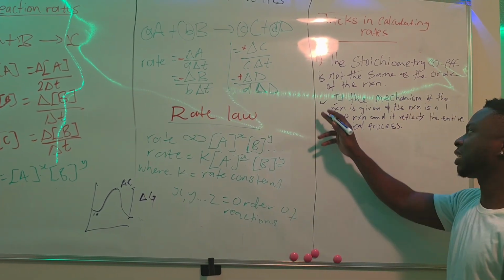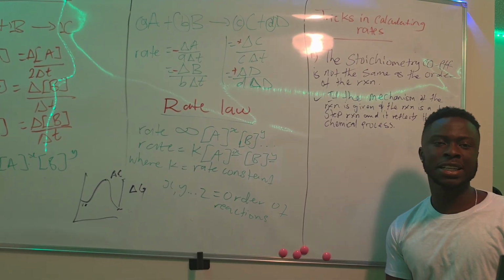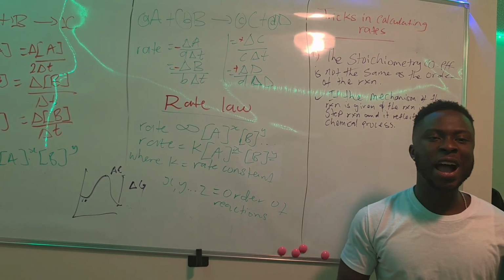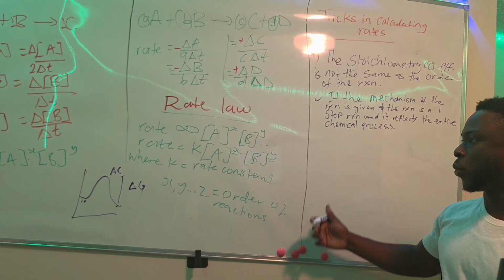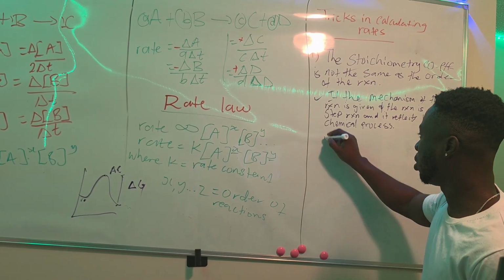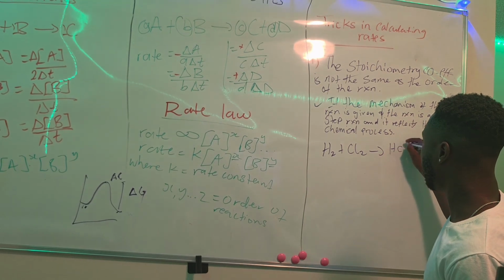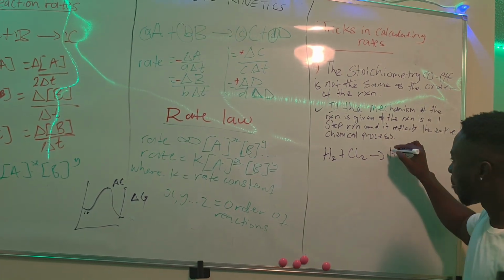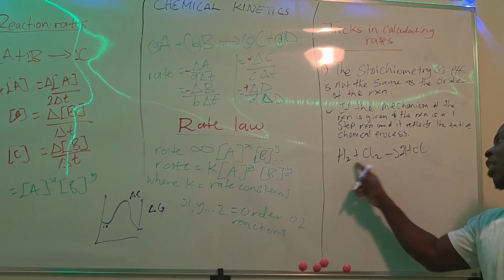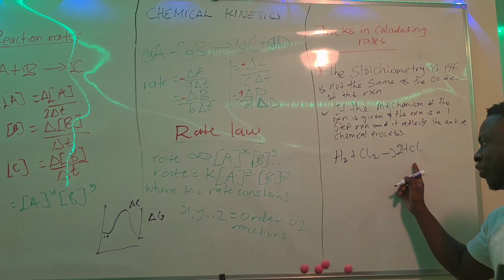Now, this doesn't usually happen in nature. It is very rare for you to find an equation. Let's say you have an equation, hydrogen plus chlorine gas combining to form hydrochloric gas, right? And this would be the balanced equation of the reaction.